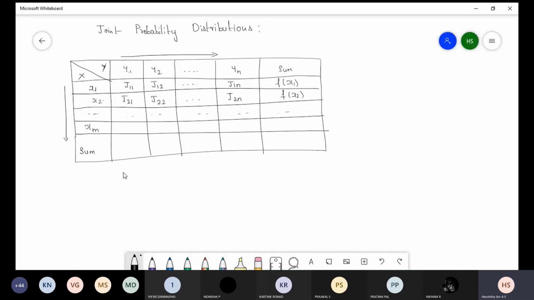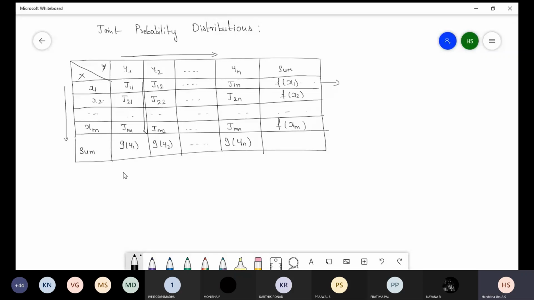Last one xm. So here jm1, jm2, so on jmn. Here we get f of xm. The column sums we can call as g of y1, g of y2, g of yn.